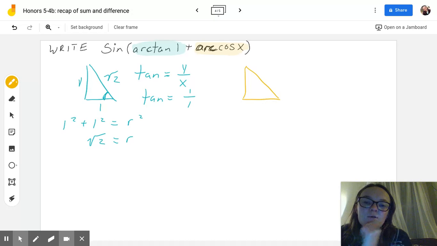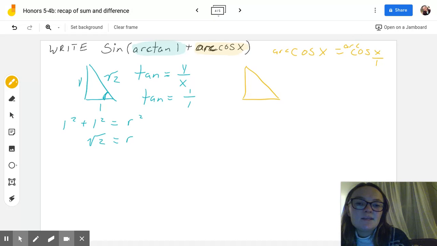All right, so arc cosine of x. Remember, cosine of the angle is x over 1, that's the same thing as the arc cosine of x over 1. Remember that cosine is equal to x over r. So in this case, we can say x over 1 is equal to x over r. So my r value is going to be 1. And we can say that our x value is just going to be x.